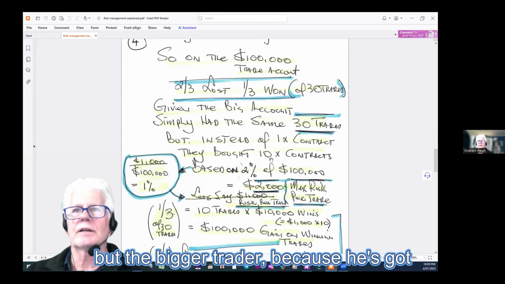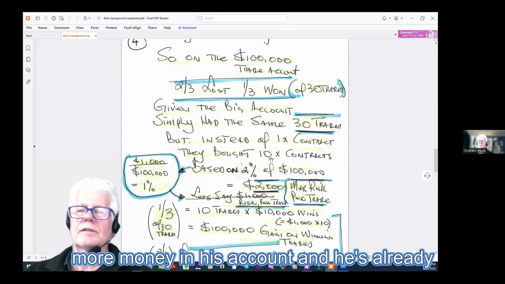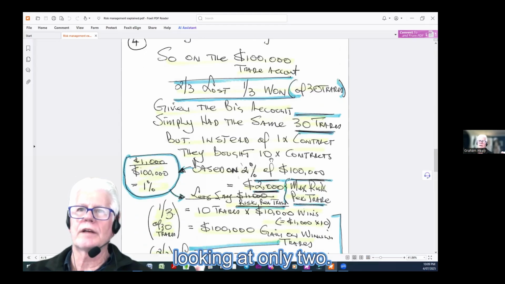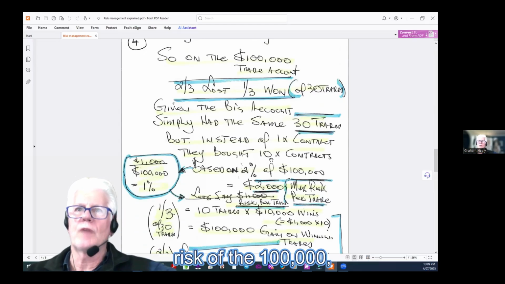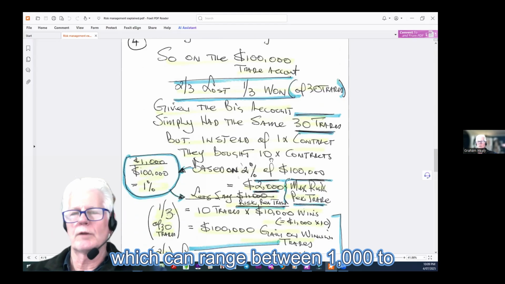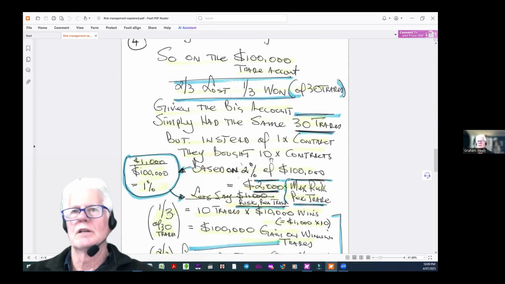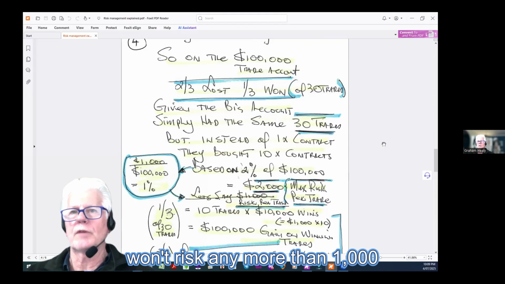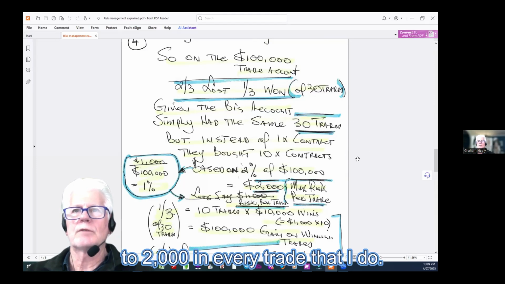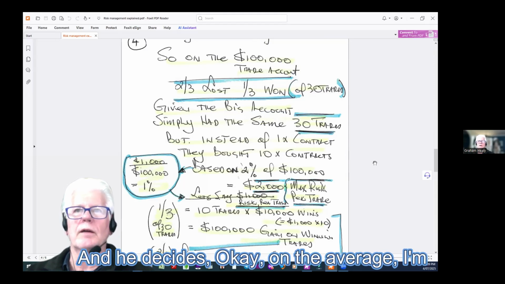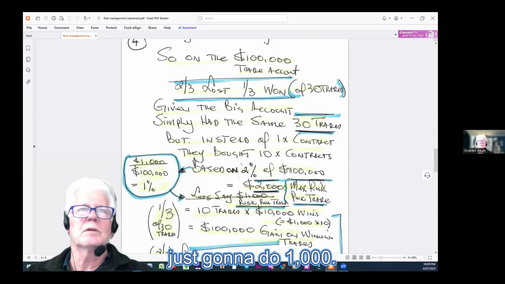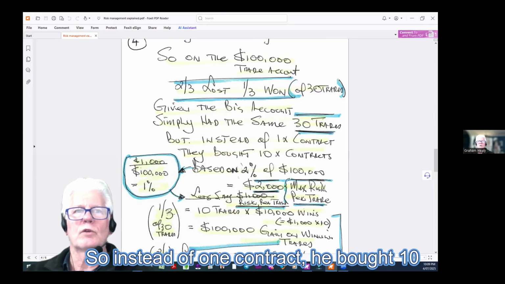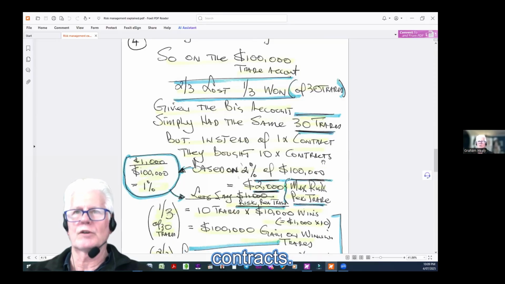But the bigger trader, because he's got more money in his account and he's already looking at only 2% risk of the 100,000, which can range between 1,000 to 2,000, says, okay, I won't risk any more than 1,000 to 2,000 in every trade that I do. And he decides, on the average, I'm just going to do 1,000. So instead of one contract, he bought 10 contracts.